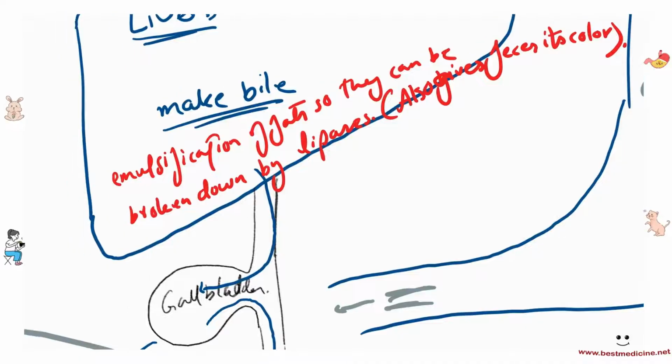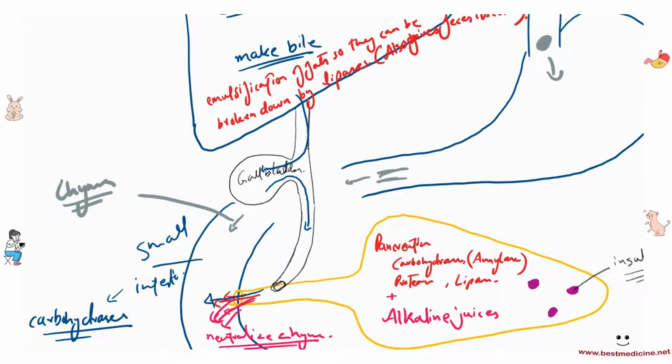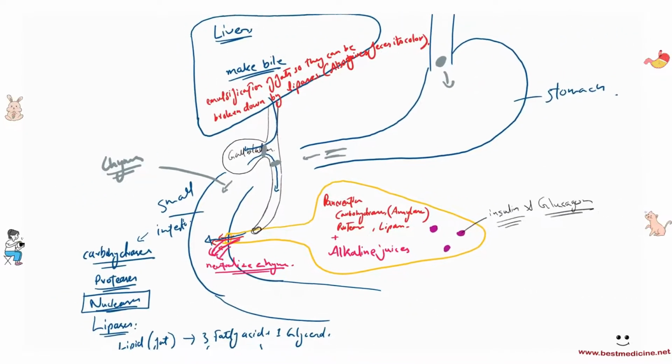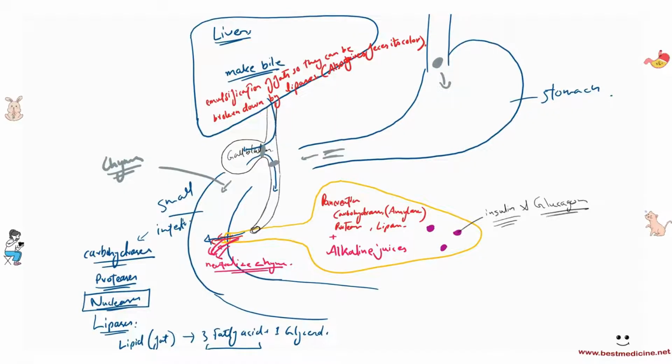Some people can get gallstones. Have you heard of gallstones before? Gallstones are stones that can form over here in the bile duct or over here in the gallbladder. And if these stones are formed, then do you think that bile will be able to reach the small intestine? No, right? So if bile cannot reach the small intestine, then do you think that we'll be able to digest or break down fats easily?